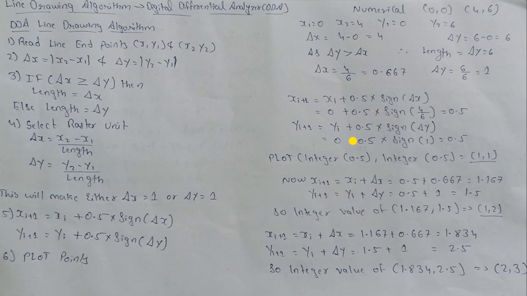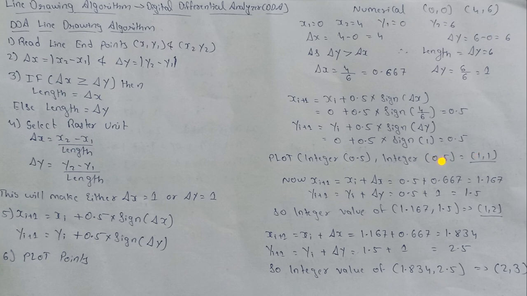Now you have to plot the integer values, meaning you have to find the integer values. Plot integer of 0.5 comma integer of 0.5. As I just told, if the number after the decimal is 0.5, 0.6, 0.7, 0.8, 0.9, something like this, we have to increase the number by 1.